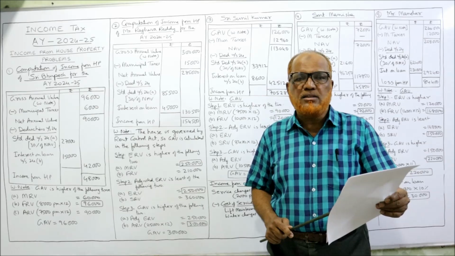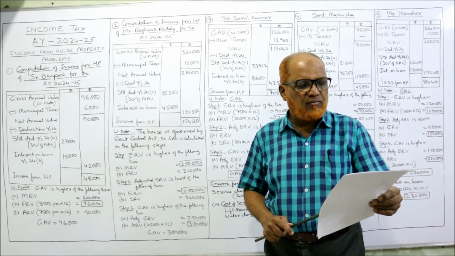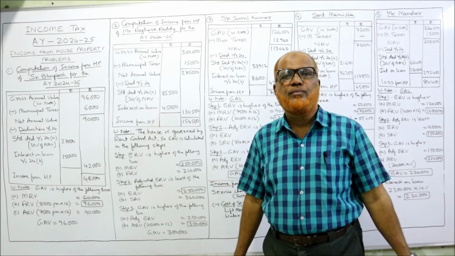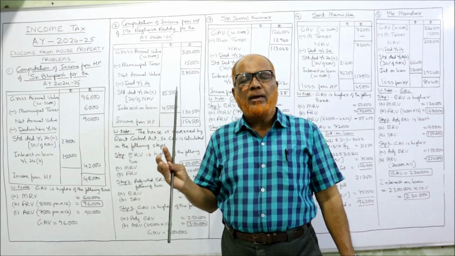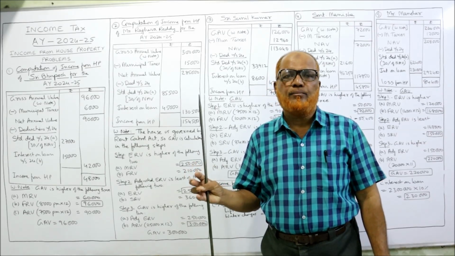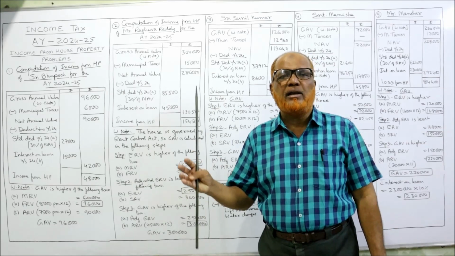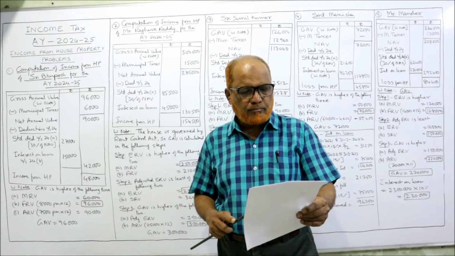Standard rent 3,60,000 per annum, is let out on a monthly rent of 25,000 and fair rental value 2,10,000. So four values are given: MRV, FRV, SRV and ARV. Municipal rental value, fair rental value, standard rental value, actual rental value.